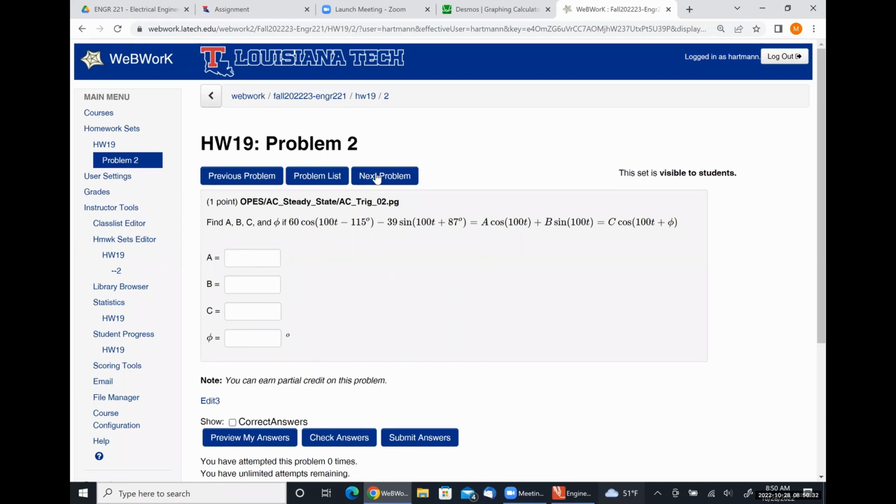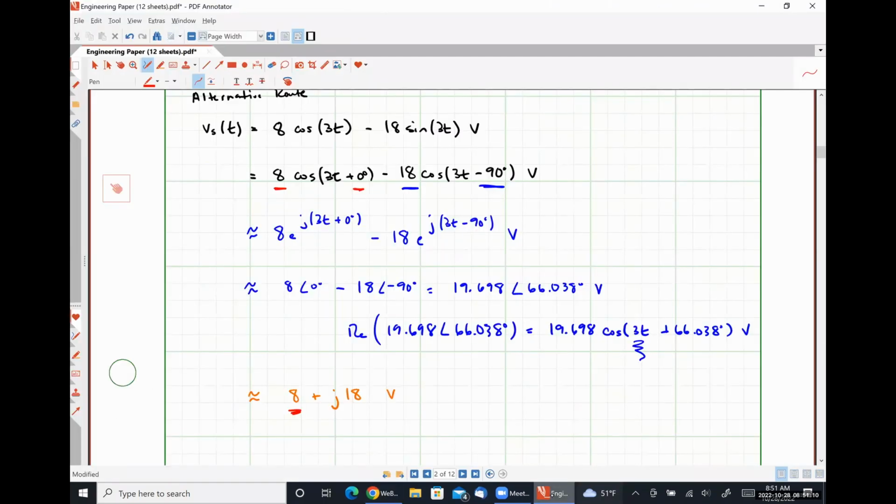So this homework set right here asks you to find the quantity A, B, C, and angle phi if 60 cosine 100t minus 115 degrees minus 39 sine 100t plus 87 degrees was equal to A cosine 100t plus B sine 100t, which is equal to C cosine 100t plus phi. Let's do this real quick for my numbers, okay? I'm going to try to write this down. This is an aside. I just want to illustrate to you how freaking awesome complex numbers are.